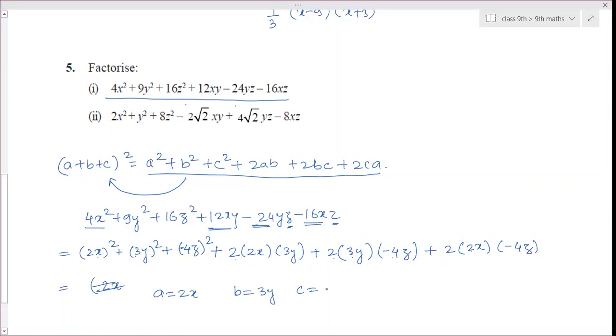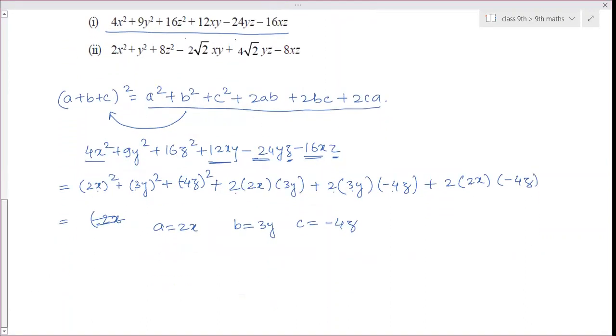Minus 4z. So therefore our final answer is a plus b plus c whole square, 2x plus 3y minus 4z whole square. So the two factors are 2x plus 3y minus 4z into 2x plus 3y minus 4z. These are the two factors of the given equation.